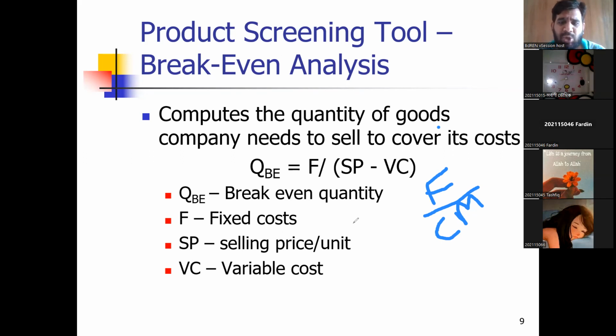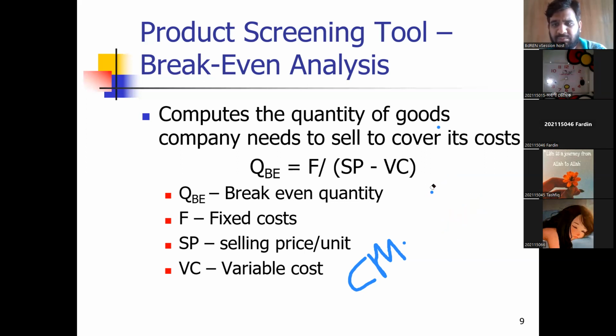And if you use CM ratio, how to calculate CM ratio?